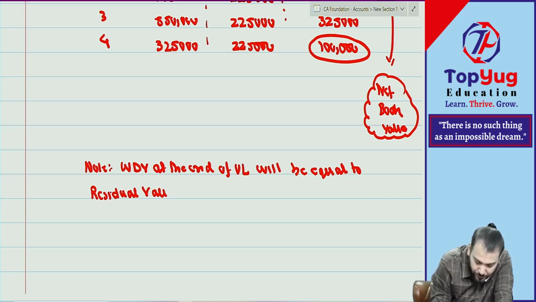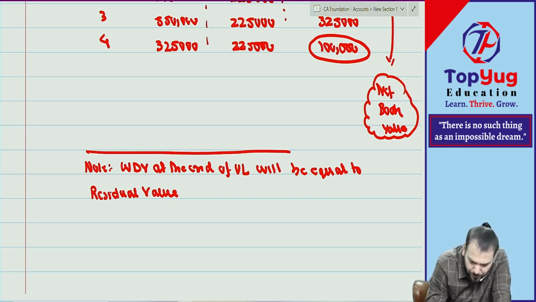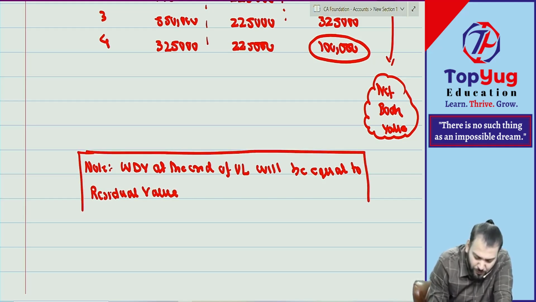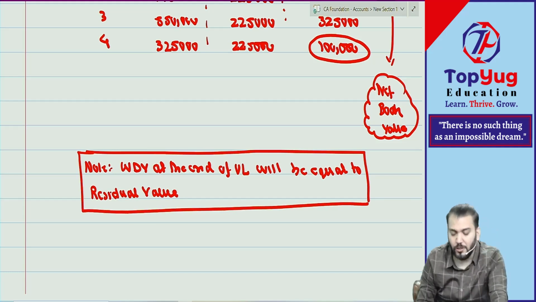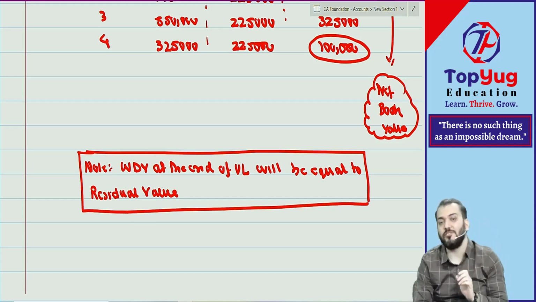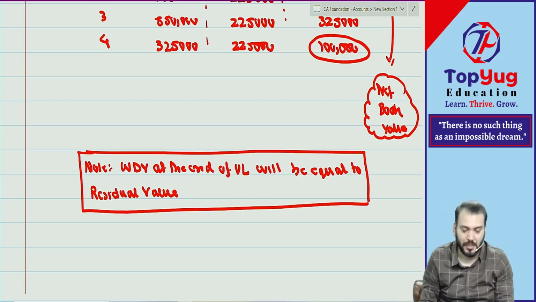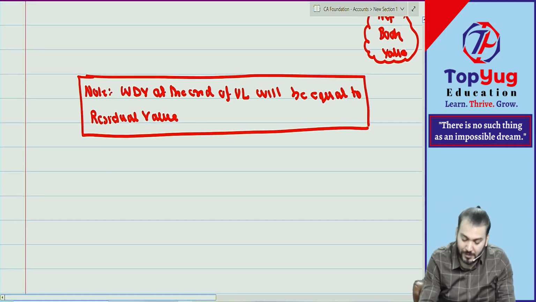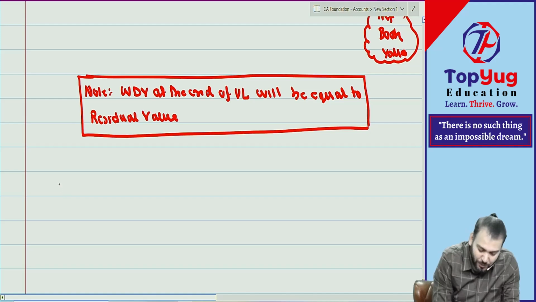Residual value. This is one popular question they ask in true and false. WDB at the end of useful life will be equal to residual value, true or false? Correct?